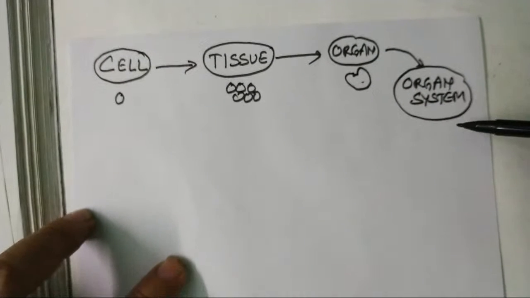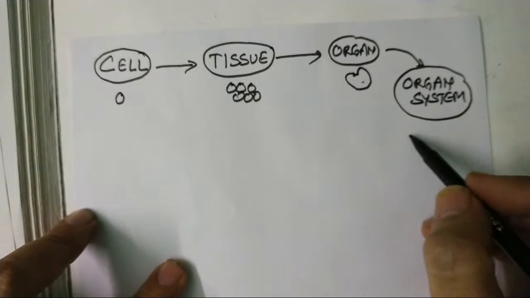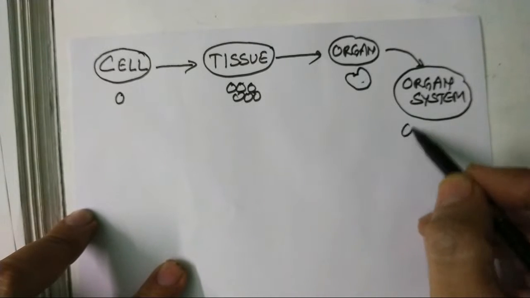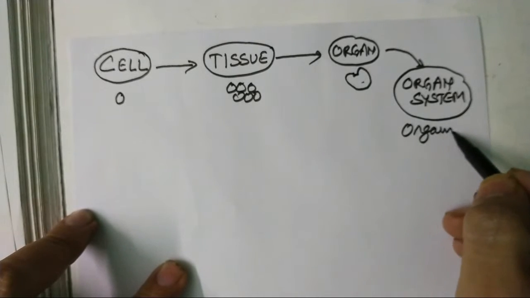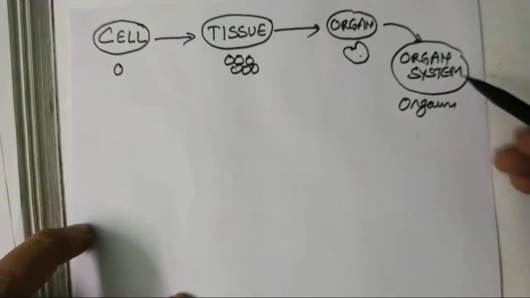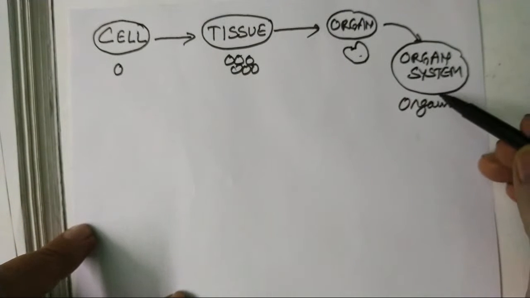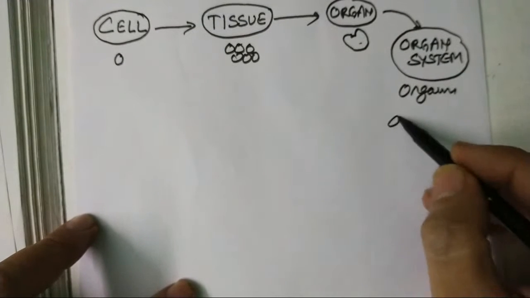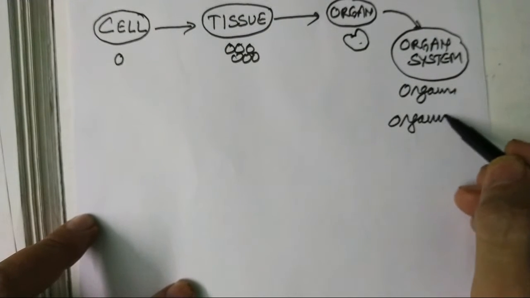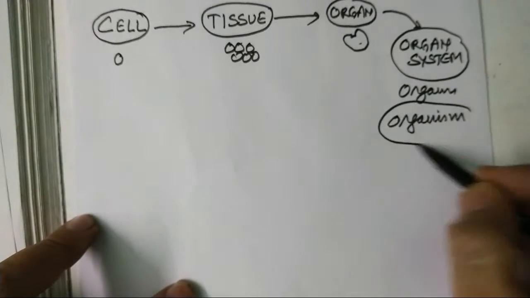So an organ system is where many different organs make a system. And when many organ systems like the digestive system and circulatory system combine, they form an organism. This is how a living organism is formed.